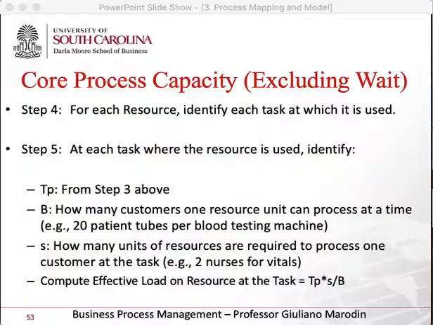So we have the person at the front desk that does certain steps, and then the nurse does other steps, and the doctor does other steps, right? So you have to find out who's doing what, to be able to calculate the total time that resource is being used for each product. So you need to add the multiple tasks that belong to the same person to understand the total time that person is going to be involved, right?